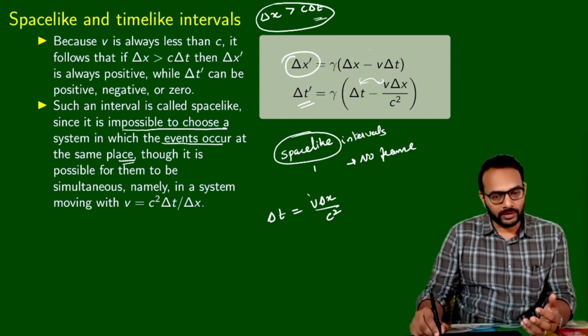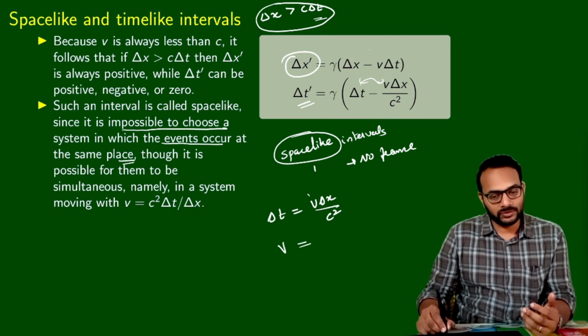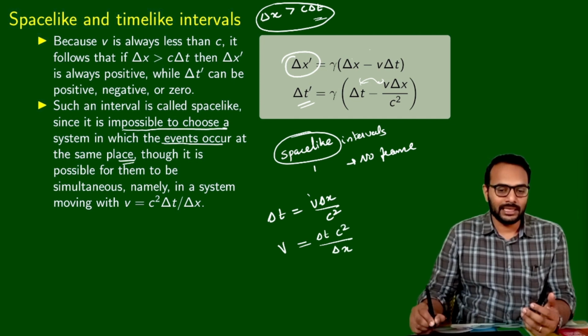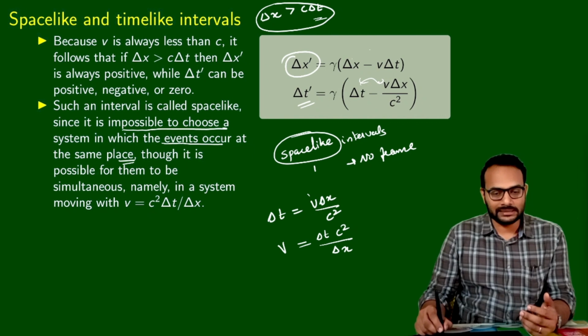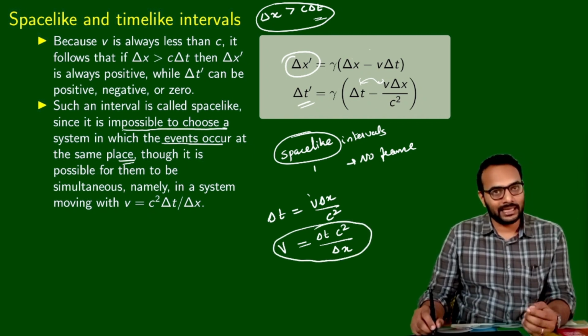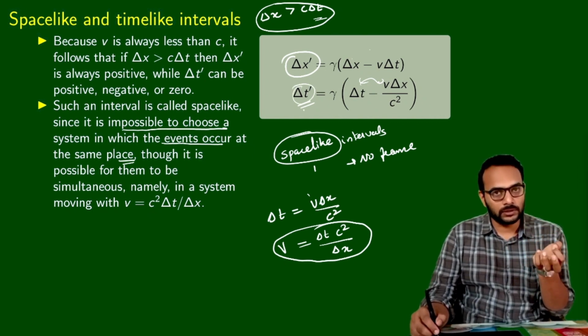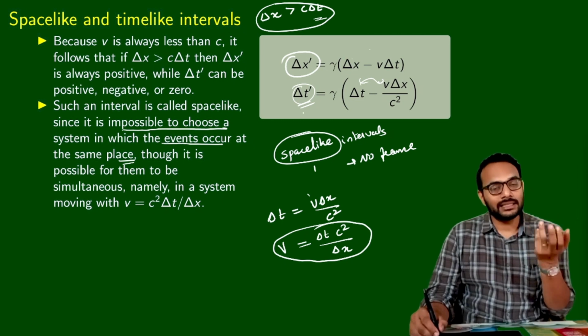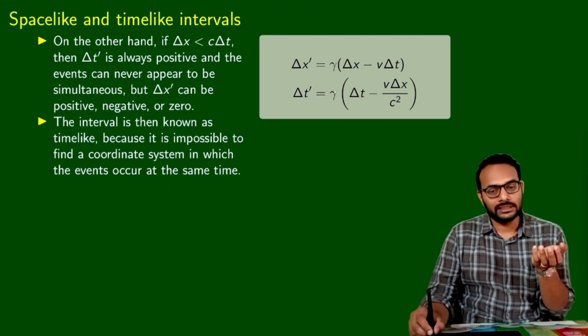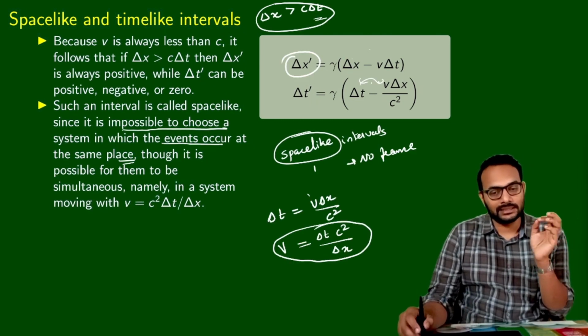We could find the velocity from here, which means that if you go to a frame which moves with the speed v equal to delta t c square divided by delta x, in that frame delta t prime would be equal to 0, which means that there are inertial frames in which these events take place at the same time.